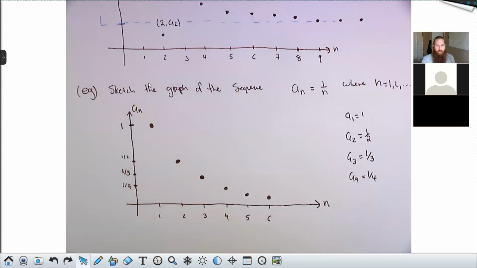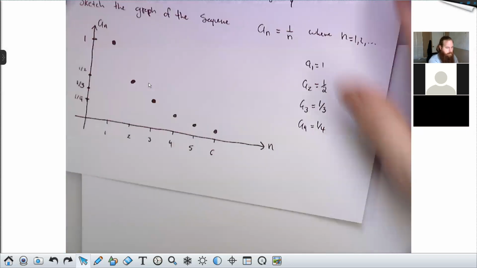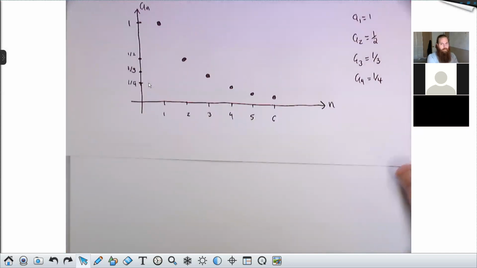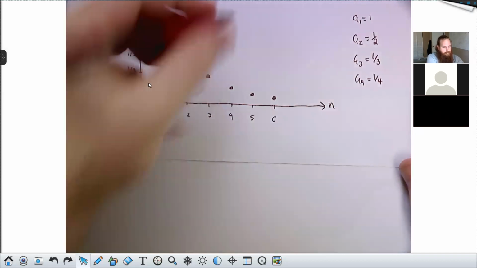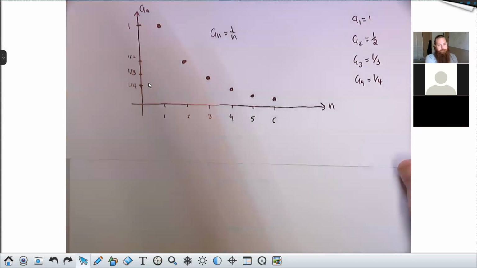In other words, the output for this sequence is getting closer and closer to 0 as n gets larger and larger. This brings us to the concept of a limit of a sequence. So this is the graph a_n equals 1 over n.